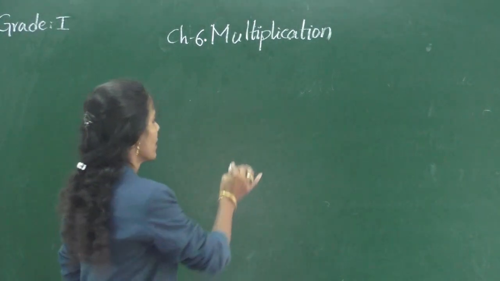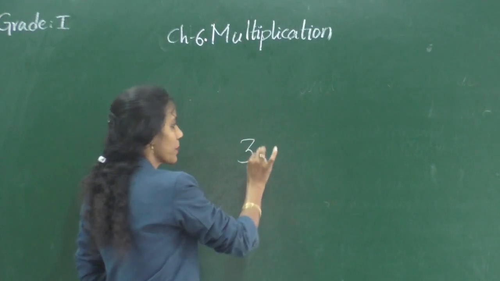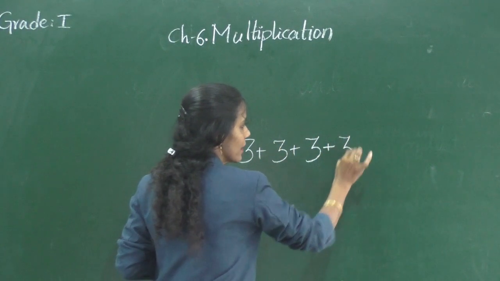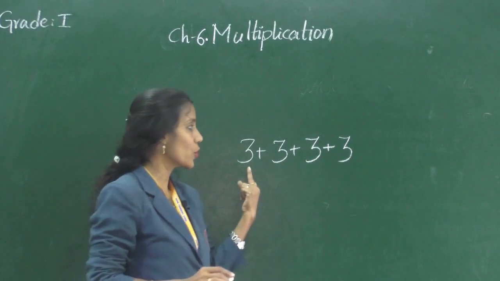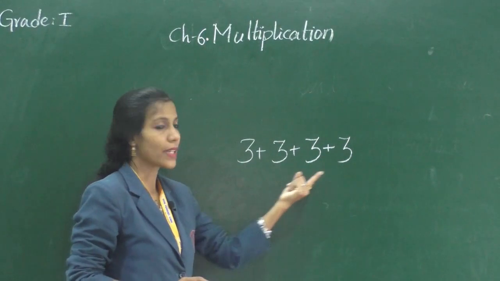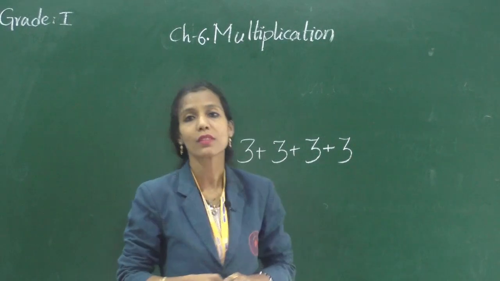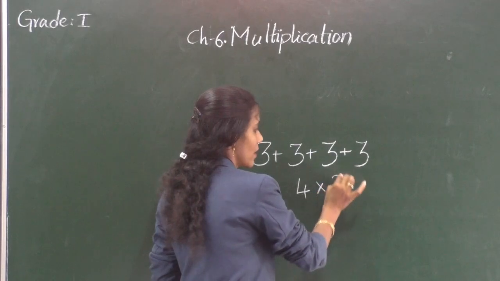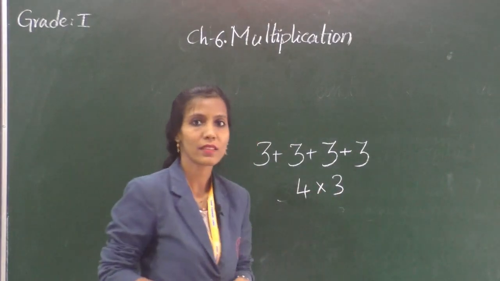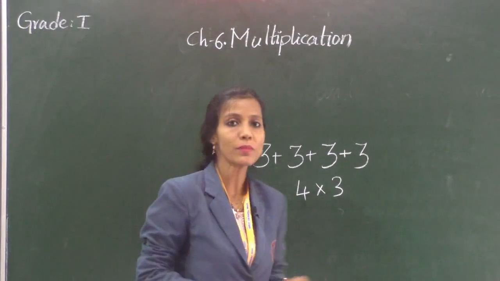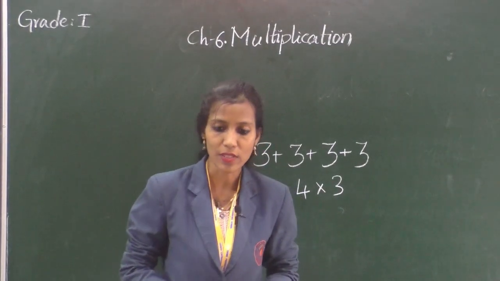That is 3 plus 3 plus 3 plus 3. 4 groups, 1, 2, 3, 4, 4 groups of 3 bananas each. That will be 4 times 3. So, I have done one for you. The remaining problems you have to solve it by yourself.